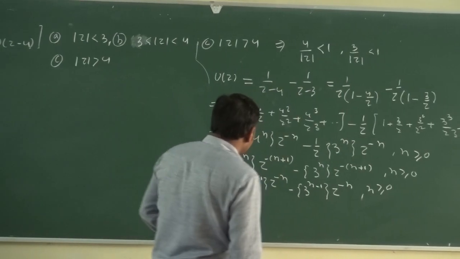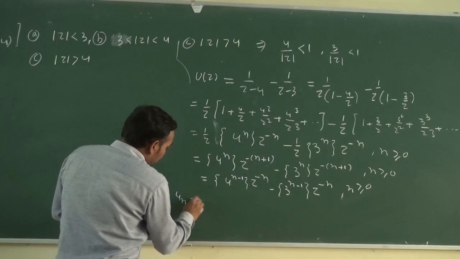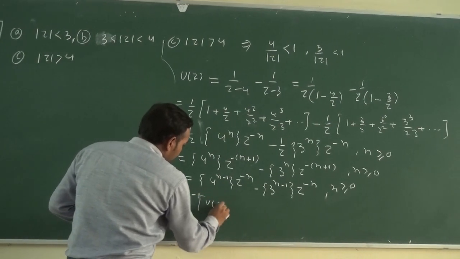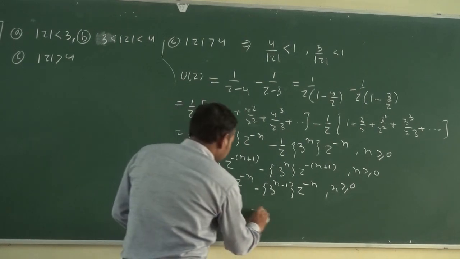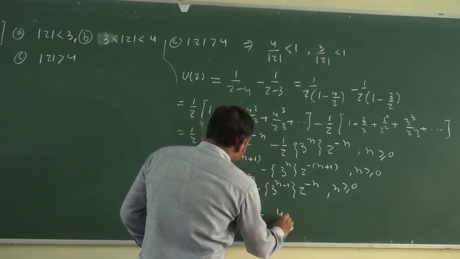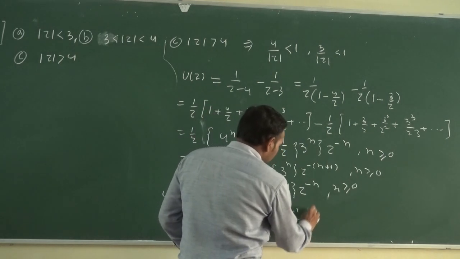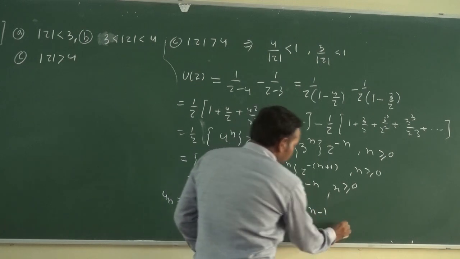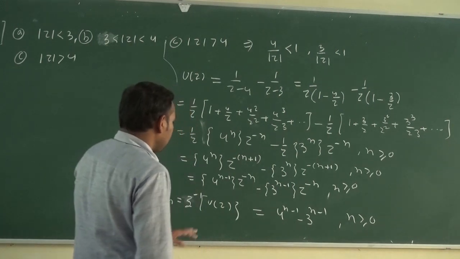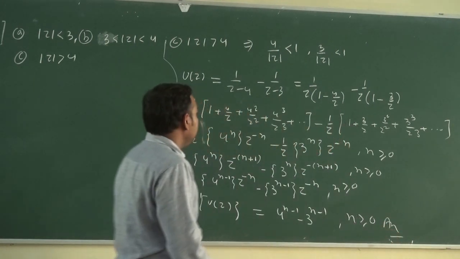Now finally the inverse z transform, u n equal to z inverse of u of z, is 4 to the power n minus 1 minus 3 to the power n minus 1 for n greater than or equal to 0. So finally we get the answer of this problem.